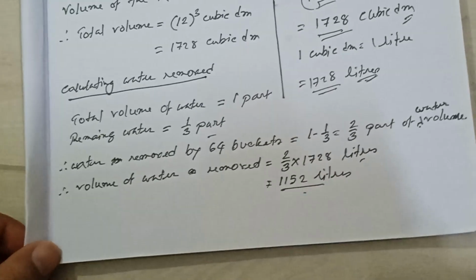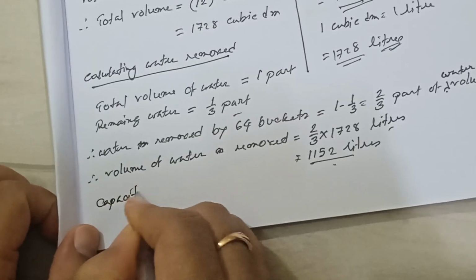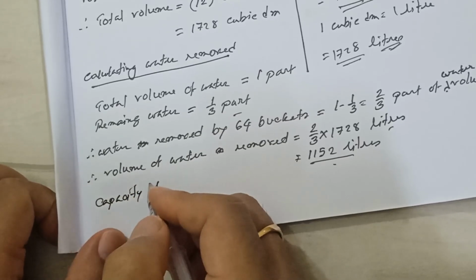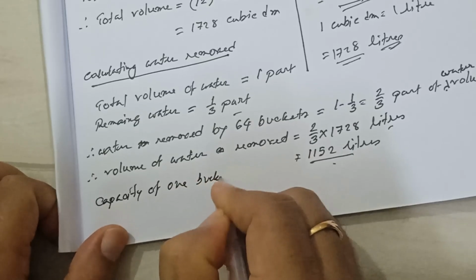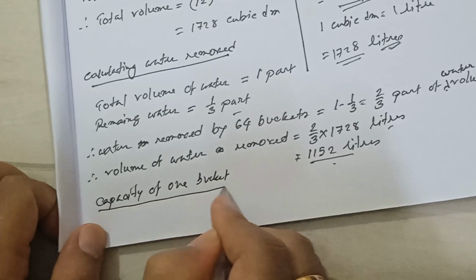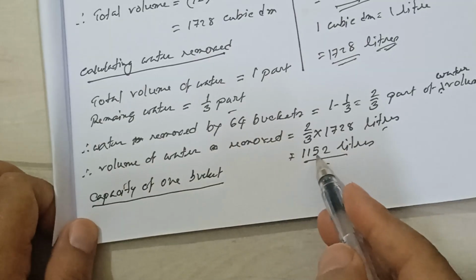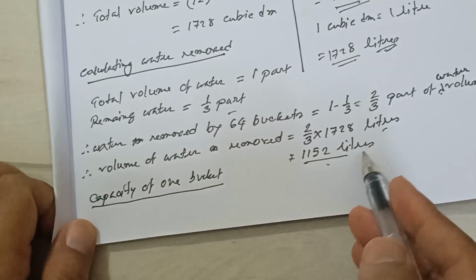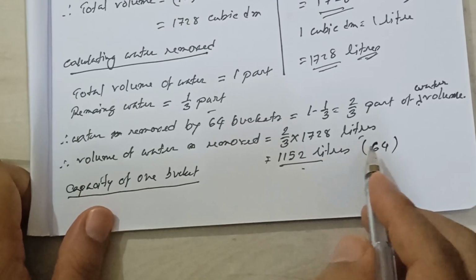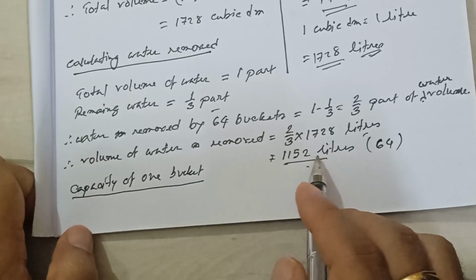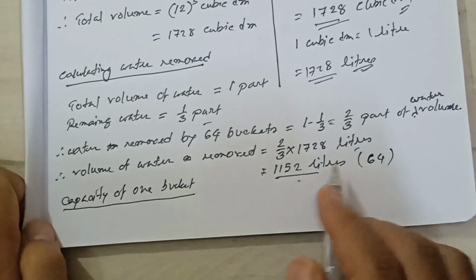Okay. Now we find the capacity of one bucket. So how do you find it? See, a total of 1152 liters were removed by how many buckets? 64 buckets, right? So how much water will each bucket hold? That is the problem.